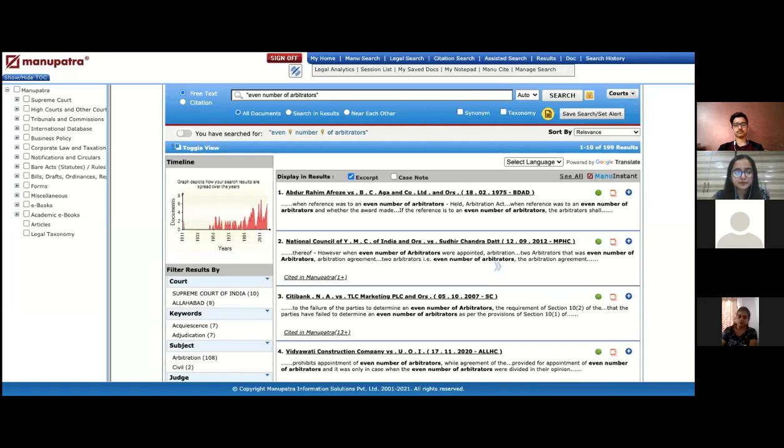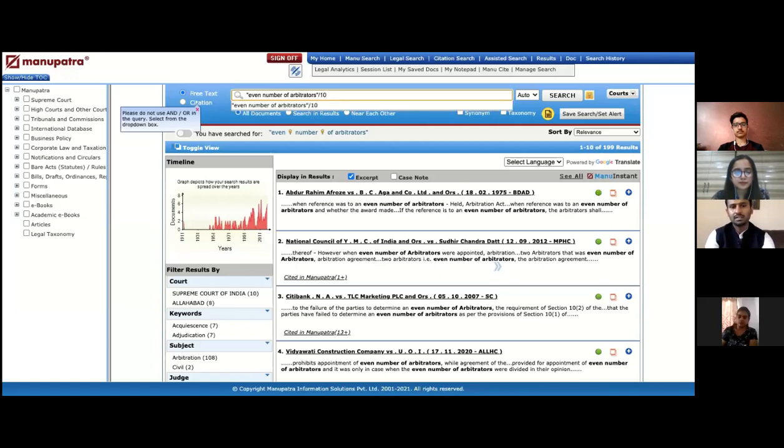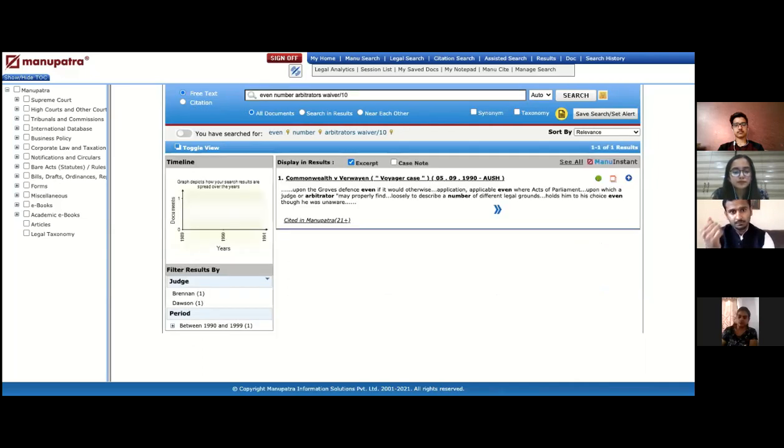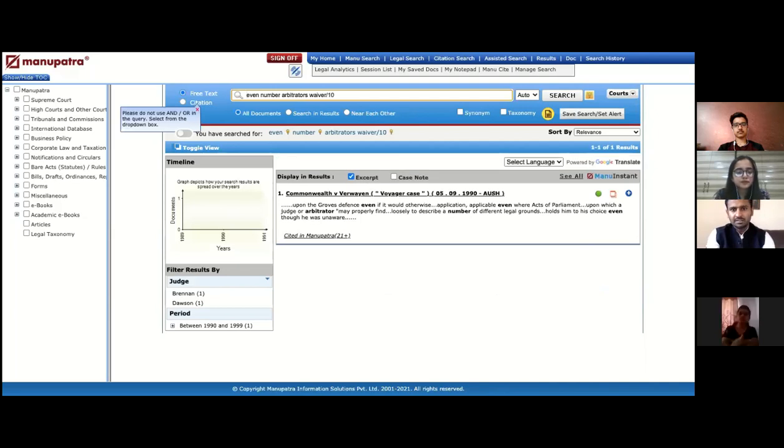So how do I go about this? I could estimate that within a span of 10 words, I find these three words: even number, arbitrators, waiver. So basically, this is the only judgment where this is coming up.